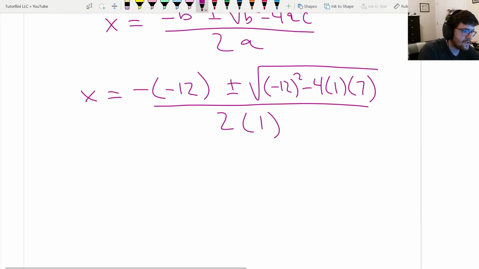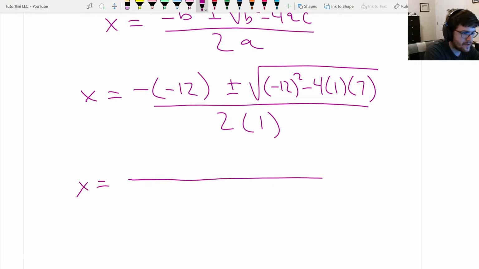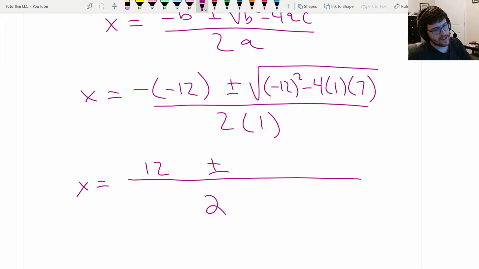And now we can start cleaning up the three sections. So negative 12 is 12. 2 times 1 is 2. And then that radicand should be 144 minus 28, which gives us 116.